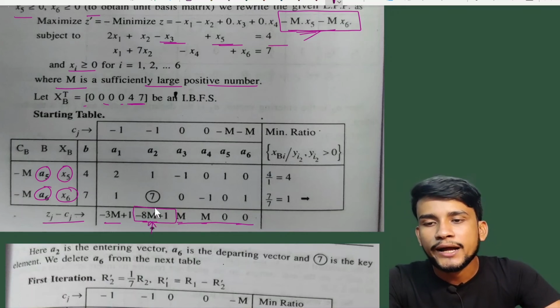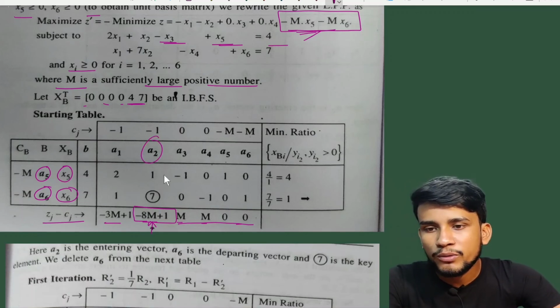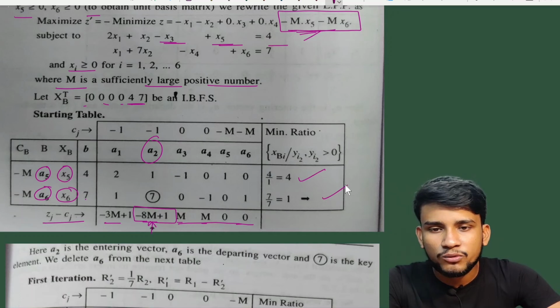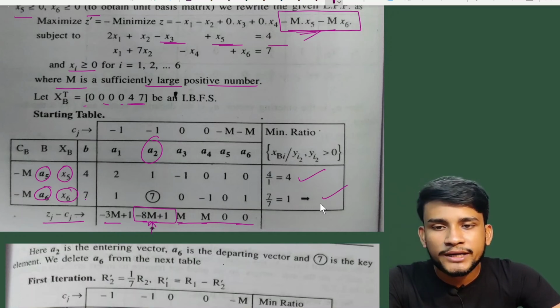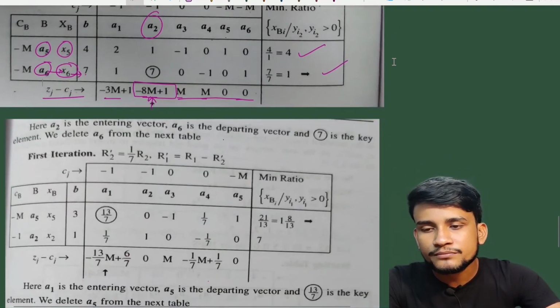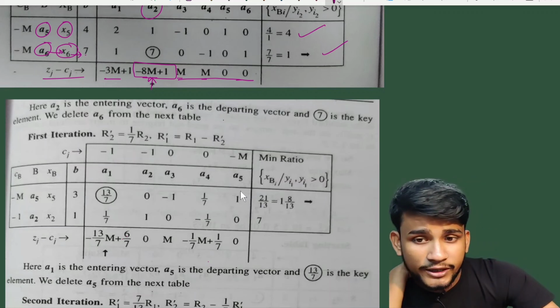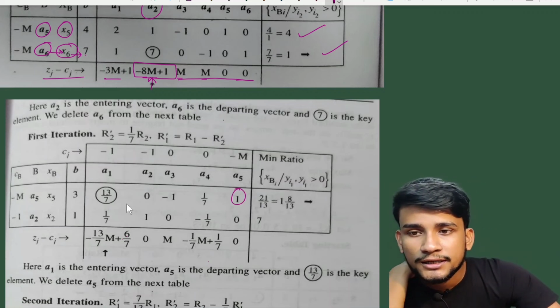Okay, and we calculate the min ratio corresponding to this vector a2, and we get 4 by 1 and 7 by 7, that is 4 and 1. The minimum ratio vector leaves the basis, that is x6 leaves the basis, a6 leaves the basis, and a2 enters the basis. So a2 is the entering vector and a6 leaves the basis, therefore a5 and a2 form the basis.